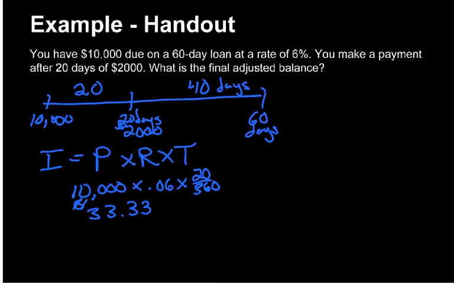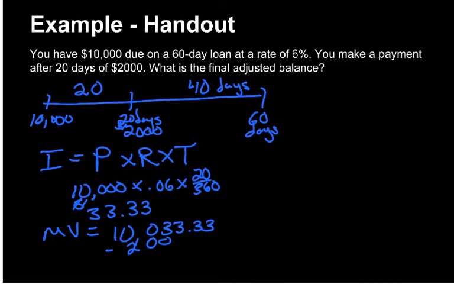Now that represents the interest, so the maturity value after 20 days is equal to $10,033.33. Okay, so that represents our amount before the partial payment, but that includes the principal and the interest on there. So what I want to do is take away that $2,000 from this amount.